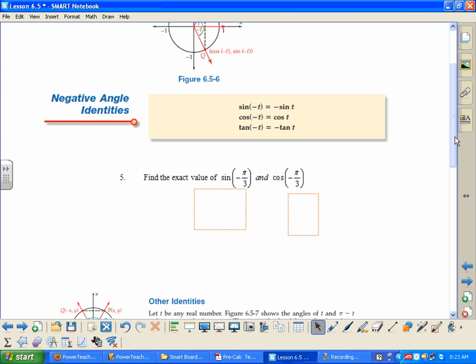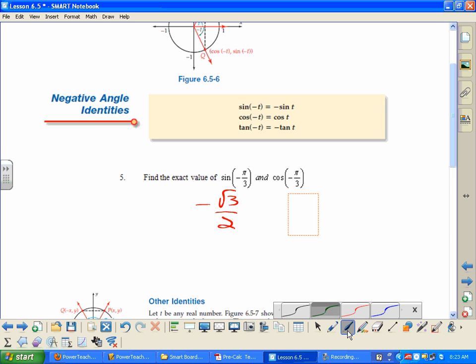So all we have to do then to find these answers is just use those identities. Here for sine of negative pi over 3, we will do the opposite of the sine of pi over 3. The sine of pi over 3 is square root of 3 over 2. The sine of negative pi over 3 would be negative square root of 3 over 2.